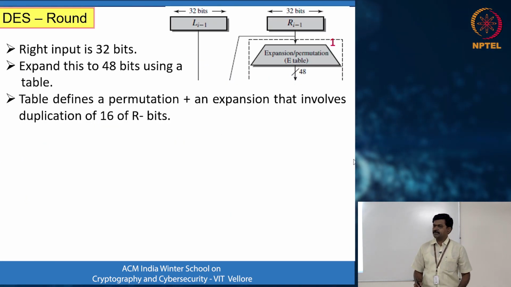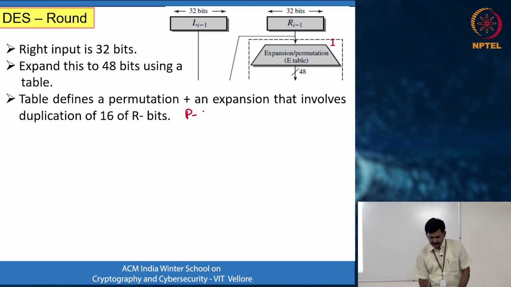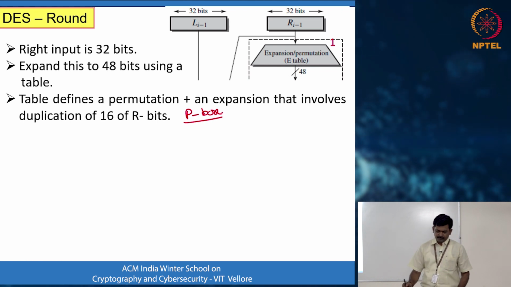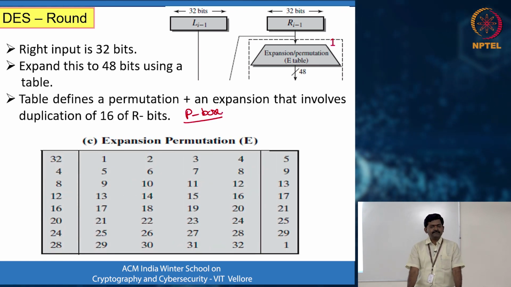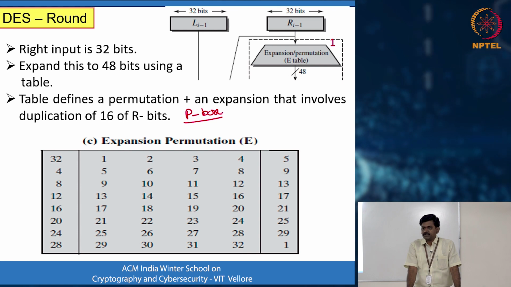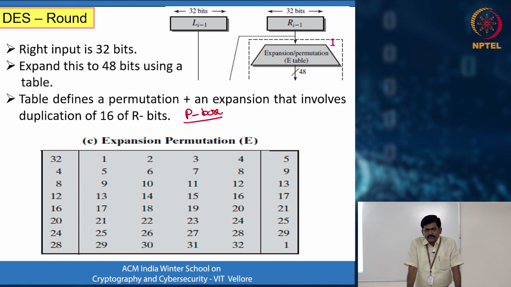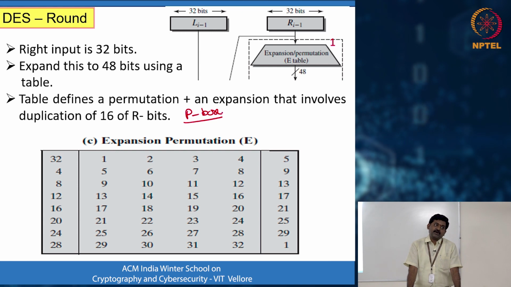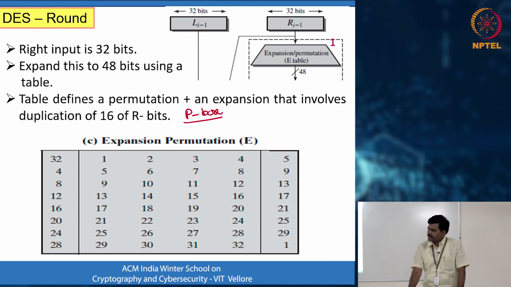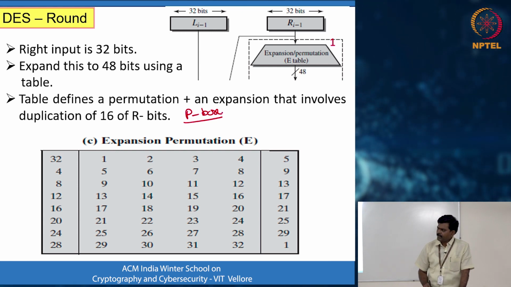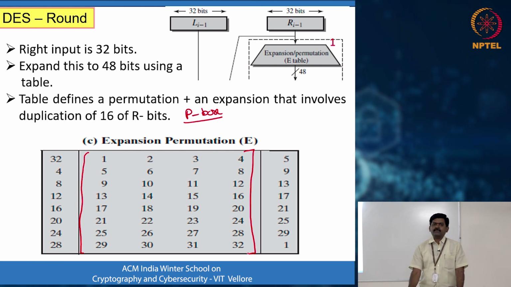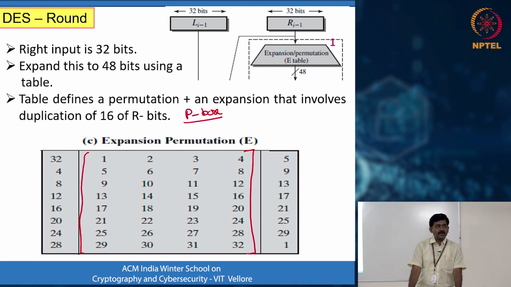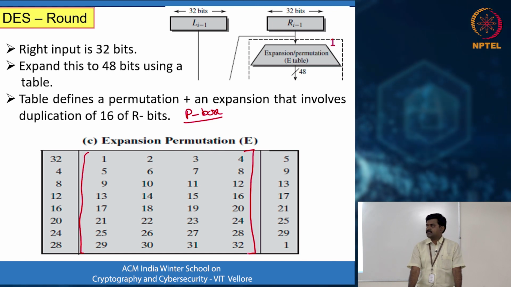For that purpose, you have to take a P box. That P box is not a straightforward P box because you need to expand the 32 to 48. So the operation is: write 1 to 32 bits. How many bits more are needed? 16 more.